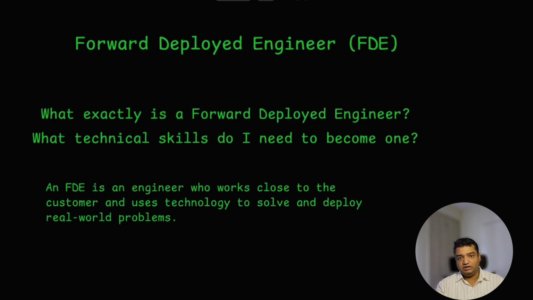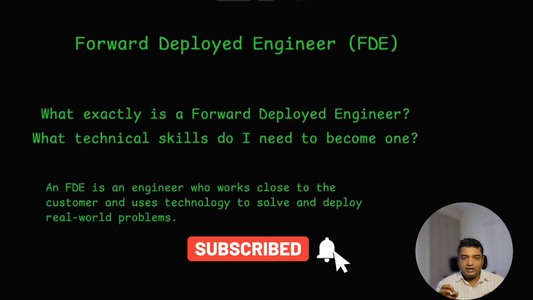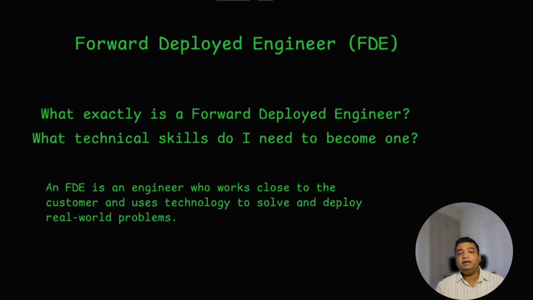There we need someone, we call it an FDE, forward deployed engineer, who will understand the business of the client, the data and structure of the client, and the pipeline and how things have already been done in the client environment, and then modify the existing AI product which the client has bought, or create an intermediate product or framework that will bridge the gap between the AI product and the existing scenario. We need someone who can mold the AI product into the client's particular use case, and there we need an FDE.